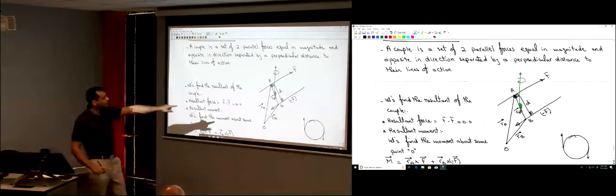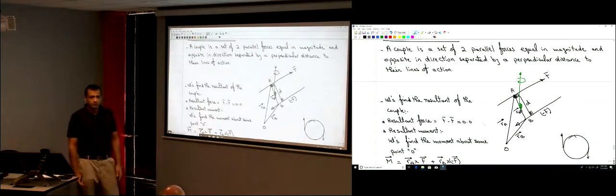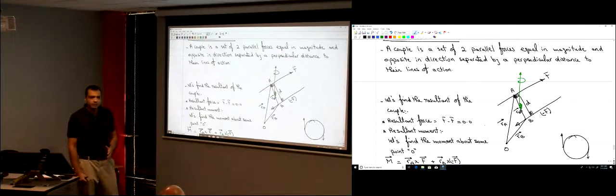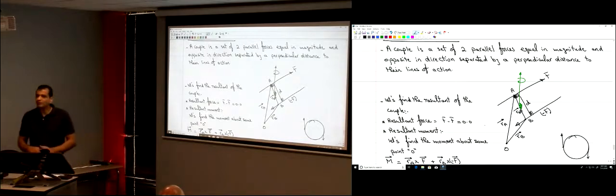It's always RBA times F. The direction will be perpendicular to that plane. That plane includes F and negative F. So it's always perpendicular to that direction. Whatever the point you're taking the moment about, it's always in that direction.